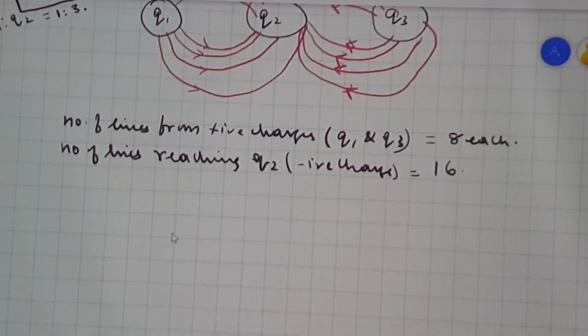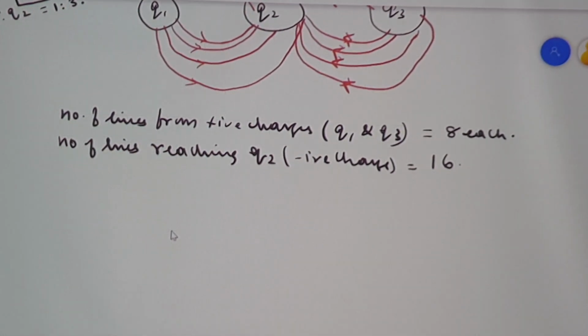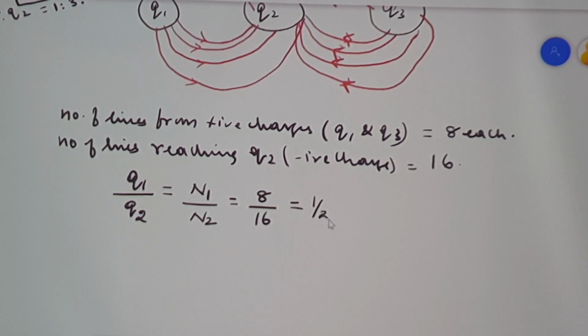Now what can you calculate? You can calculate the value of Q1 divided by Q2. Q1 divided by Q2 equals the number of lines N1 divided by N2. The number of lines for Q1 is 8, and for Q2 it is 16. So the answer is 1 divided by 2.